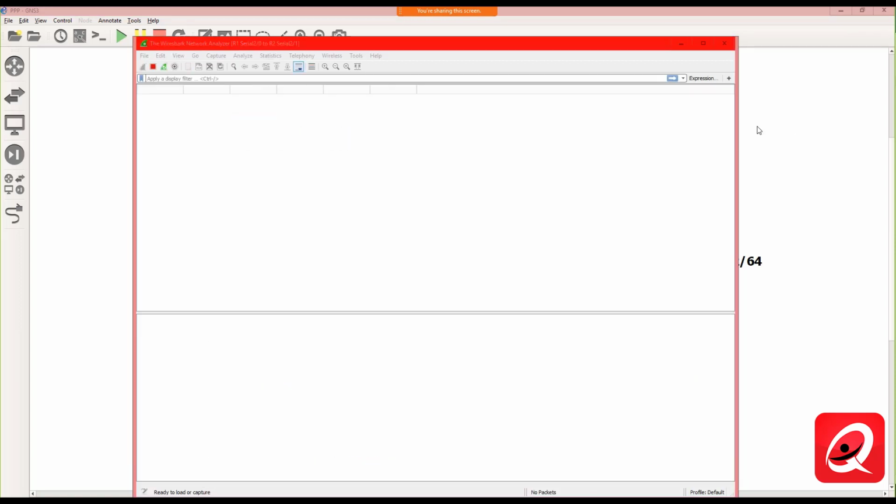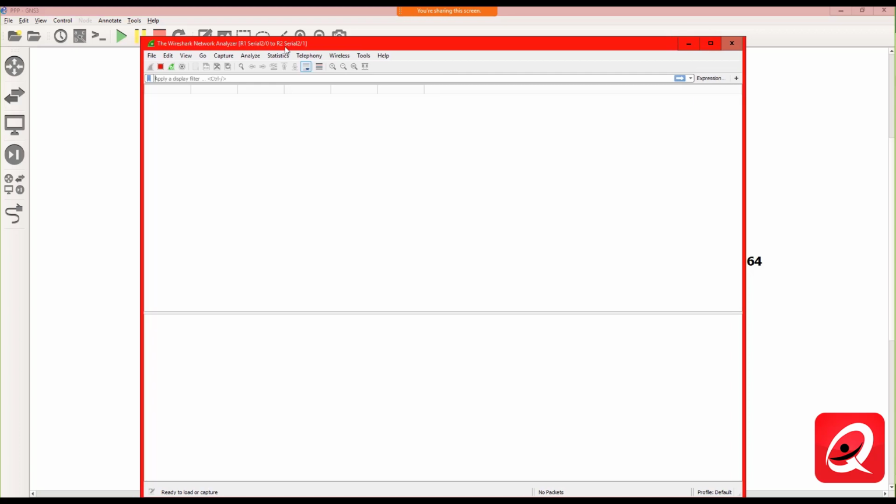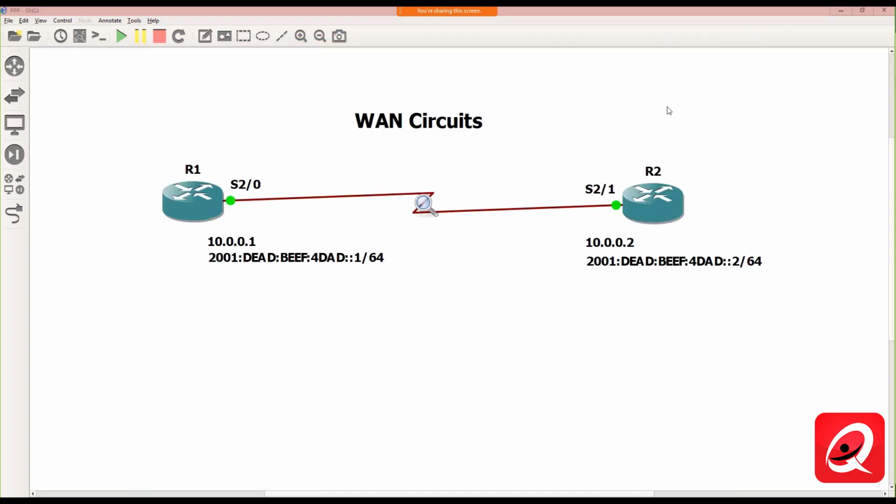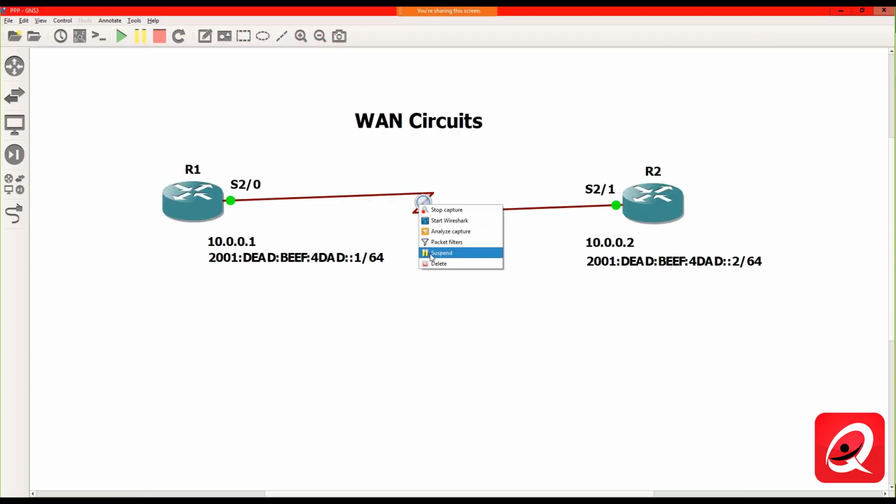See if we can capture some of that data. Yeah. So that's unfortunate. We're not going to see the captures on the serial link for some reason, but that's okay. Again, I think it's just a limitation of doing serial to serial connections. I'll see if that's just a bug.